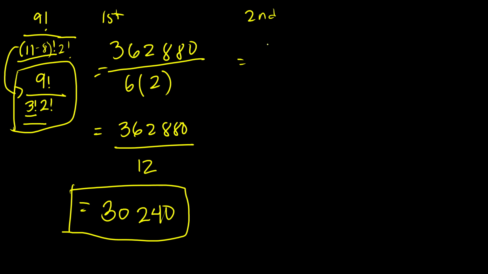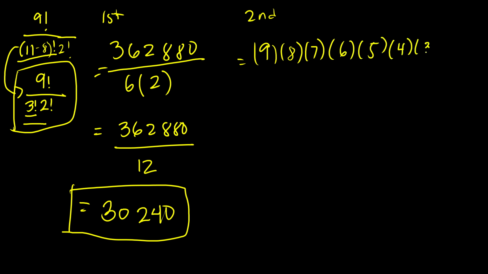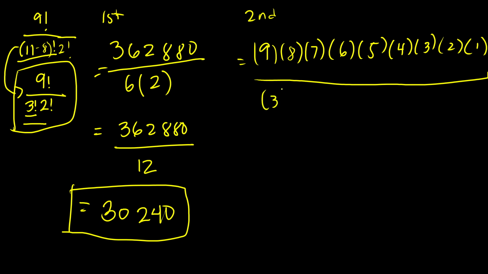So 9 factorial is 9 times 8 times 7 times 6 times 5 times 4 times 3 times 2 times 1 over 3 factorial. So that is 3 times 2 times 1, then times 2 factorial, that is 2 times 1.